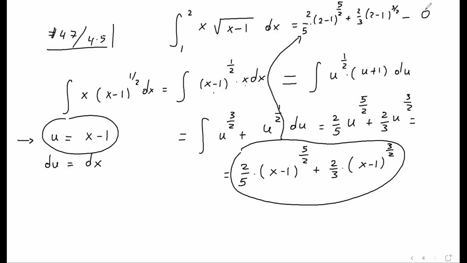And even better, this is just 2/5, because 2 minus 1 is 1, and 1 to any power is still 1, plus 2/3, and that's going to be 6 plus 10, 16 over 15. All right, folks, so this is going to be our answer for this particular problem, and I'm going to move on to something else. So the answer is 16 over 15.